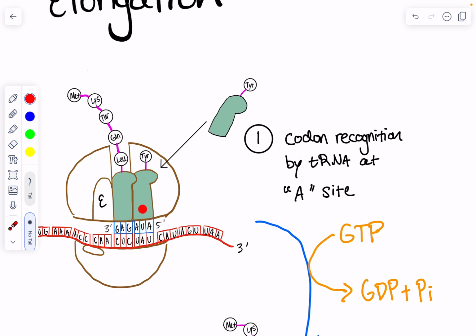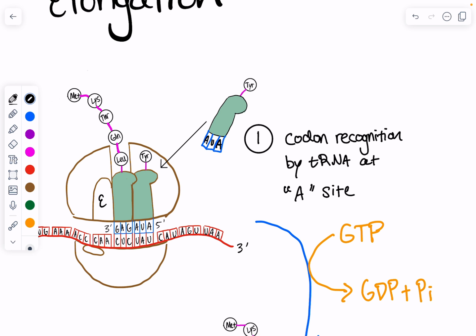And so tyrosine, or this tRNA, is going to have a specific anticodon. And I forgot to write that down right here. Sorry about that. AUA.